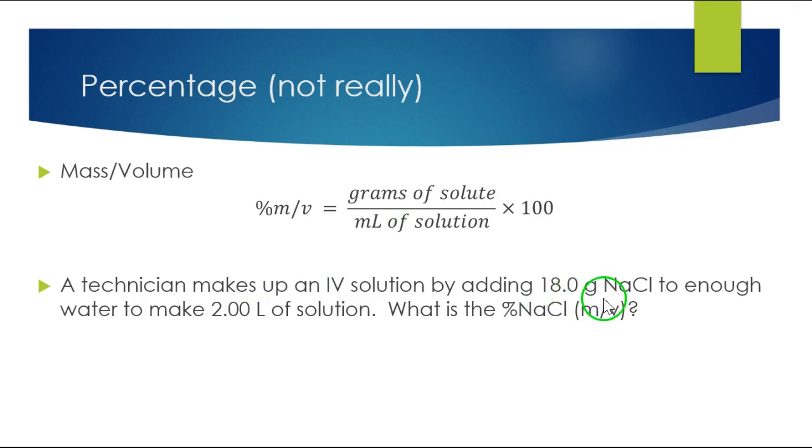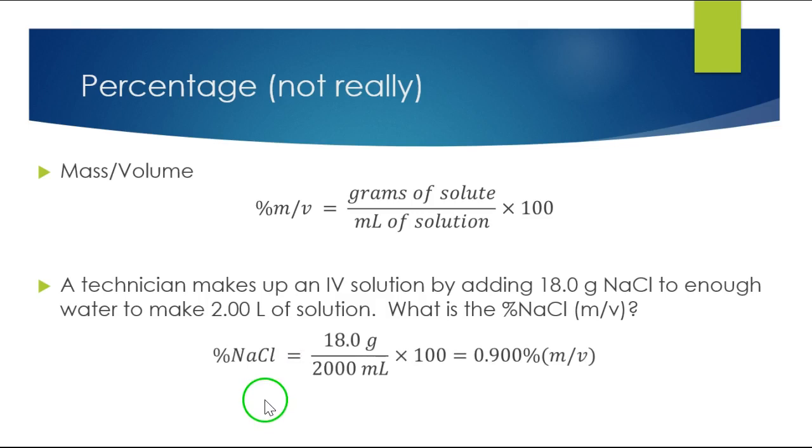Then we're just going to take 18 grams divided by this number in milliliters, and that is going to be 2,000 milliliters. Remember, it does have 3 sig figs, although I didn't write it this way here, times 100 to give us our percentage, and that is 0.900% mass volume. By the way, this is the concentration of normal saline, which is a common IV fluid.